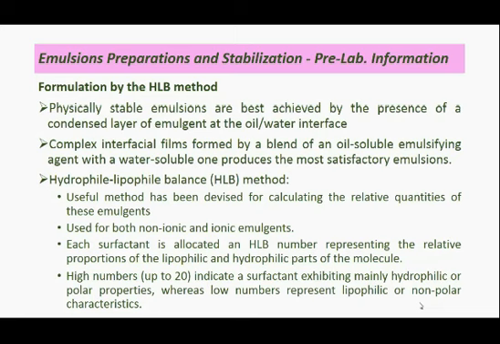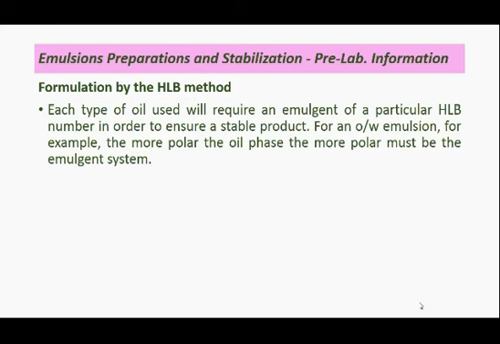In this method, each type of oil used will require an emulgent or an emulsifying system of a particular HLB number in order to ensure a stable product. For an oil and water emulsion, for example, the more polar the oil phase, the more polar must be the emulgent system.